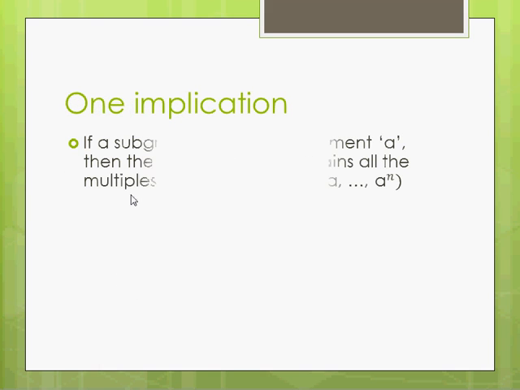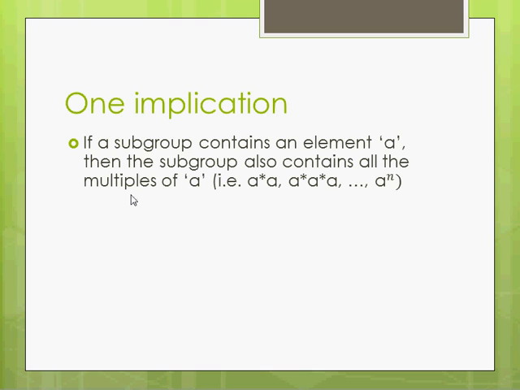One implication of that definition is that if a subgroup contains a, then it contains all the multiples of a. After all, the subgroup is closed, because that's part of the definition of a subgroup. So if it's closed, then a star a also has to be in the subgroup, and a star a star a, and so forth.